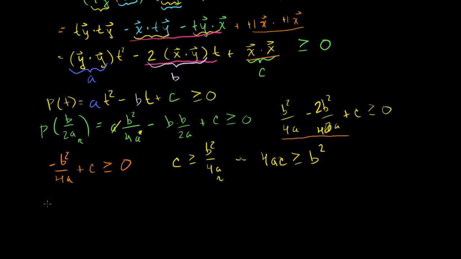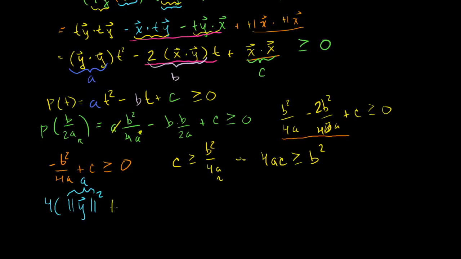So 4 times a, 4 times y dot y. y dot y is the same thing as the magnitude of y squared. That's y dot y. This is a. y dot y, I showed you that in the previous video. Times c. c is x dot x.